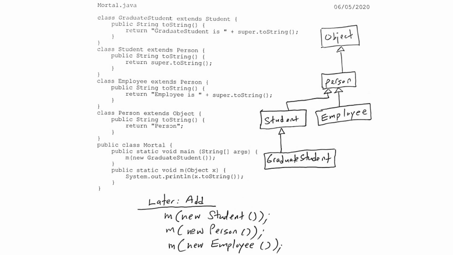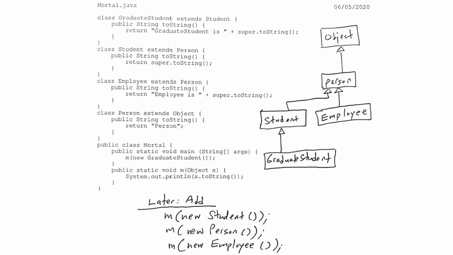So the string person will be returned to the toString method inside class student, which later will be returned back to the toString method inside graduate student. So the graduate student class will return the entire string, which is graduate student is person. This entire string will be passed back to the method M.